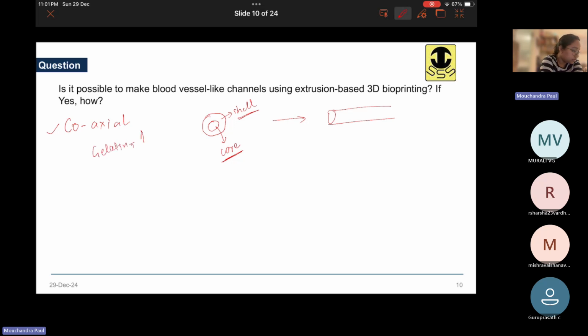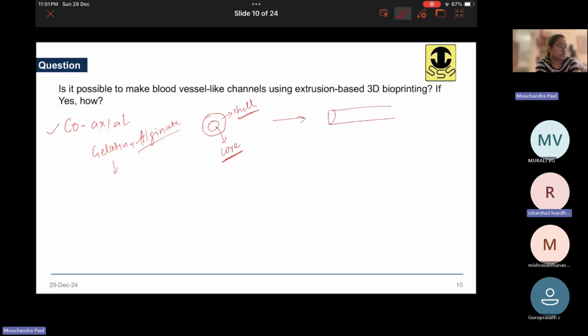Now tell me, how will you flow gelatin and alginate in this shell-core configuration in order to get a hollow structure? You know the property of gelatin, right? Gelatin is a protein. Yes, ma'am, for the formation of the inner hollow surface, we can use gelatin.